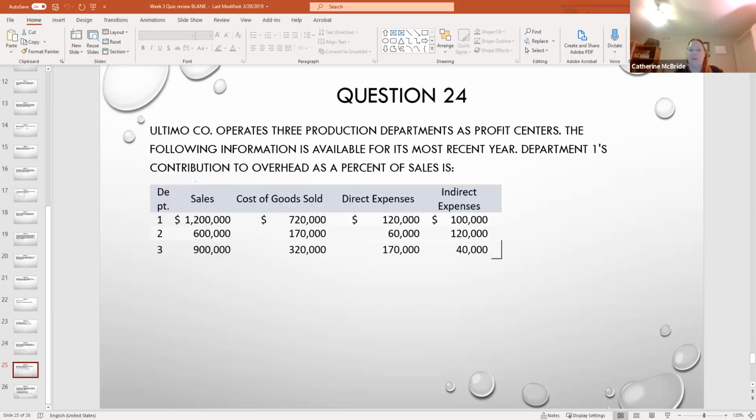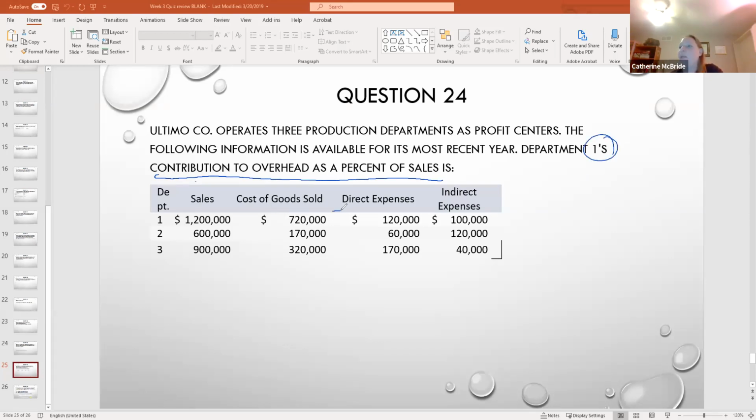Okay, we want to do the contribution to overhead as a percent of sales. Thank you for the note. Ultimate Company operates 3 production departments as profit centers. So Department 1, Department 2, and Department 3. Department 1's contribution to overhead as a percent of sales is, so we want to figure out contribution to overhead as a percent of sales for Department 1.